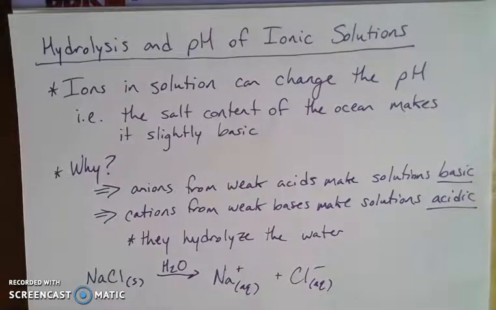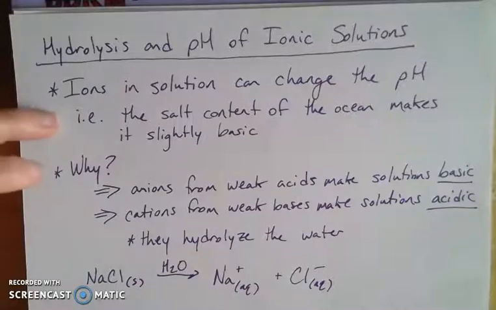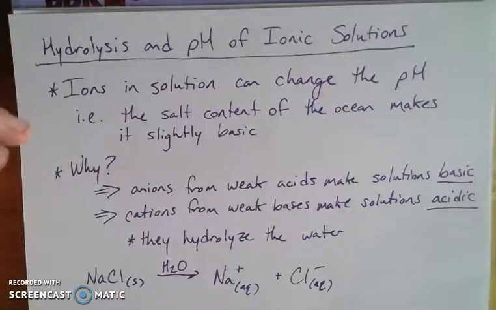We know that the ocean is salty. It has a number of different ions in it. It has sodium, it has chlorine, it has calcium, it has bicarbonate, it has all sorts of interesting ions in it. That salt content makes it slightly on the basic side of things. So the pH of the ocean is around 8.1. It's in the 8 kind of range, depending on where you're at. And so this slightly basic nature is because of the fact that there are these dissolved ions in there.